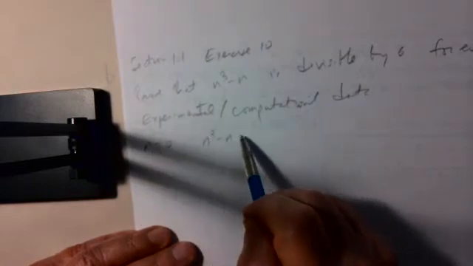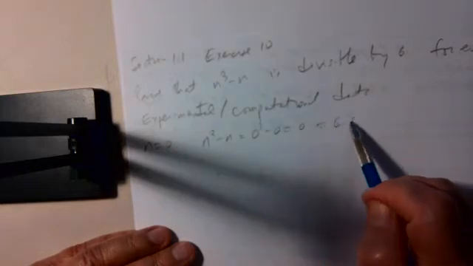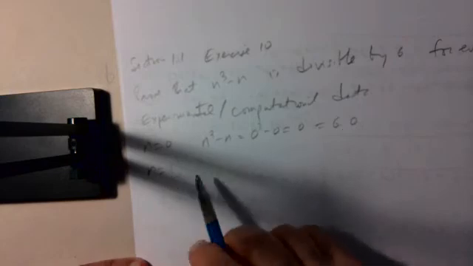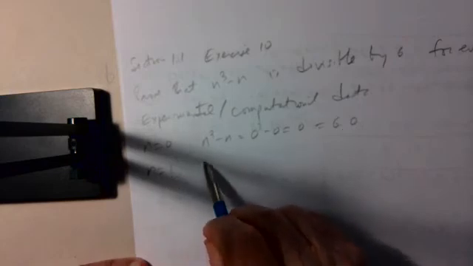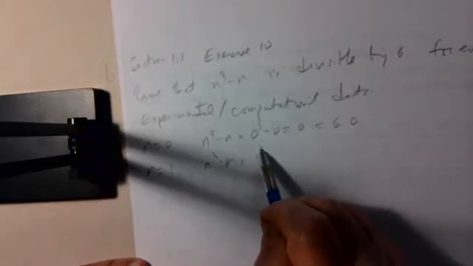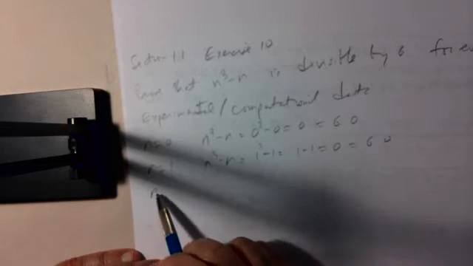So n cubed minus n is 0 cubed minus 0 is 0, which is 6 times 0. So this number is divisible by 6. If n equals 1, n cubed minus n is 1 cubed minus 1 is 1 minus 1, which is also 0, which is 6 times 0. So the statement is true for 1.